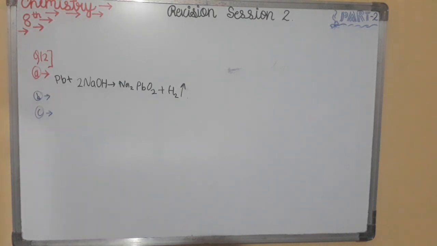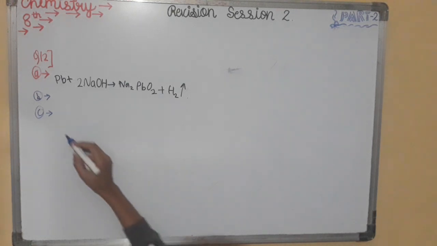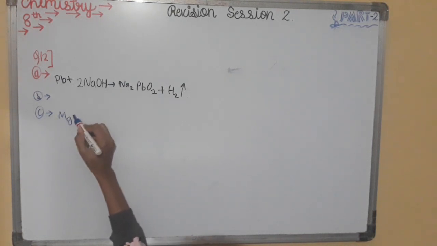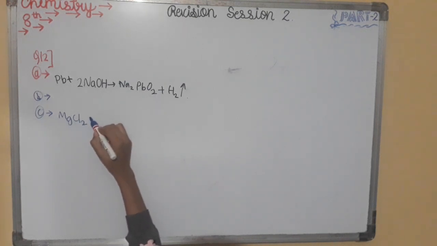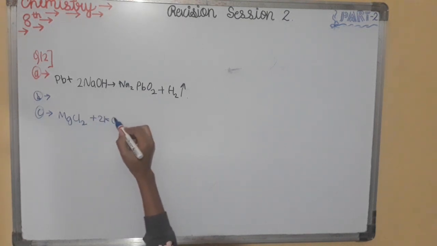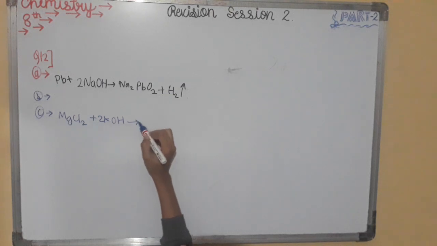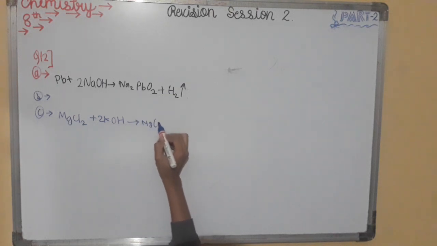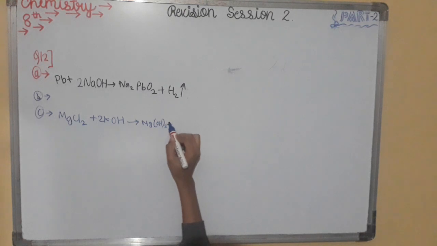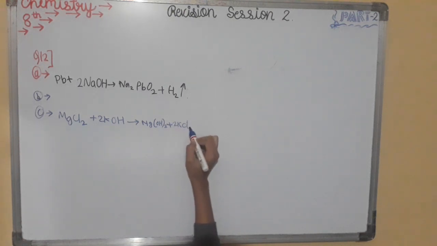C, the reaction is, if we see, MgCl2 plus 2KOH gives Mg(OH)2 plus 2KCl.